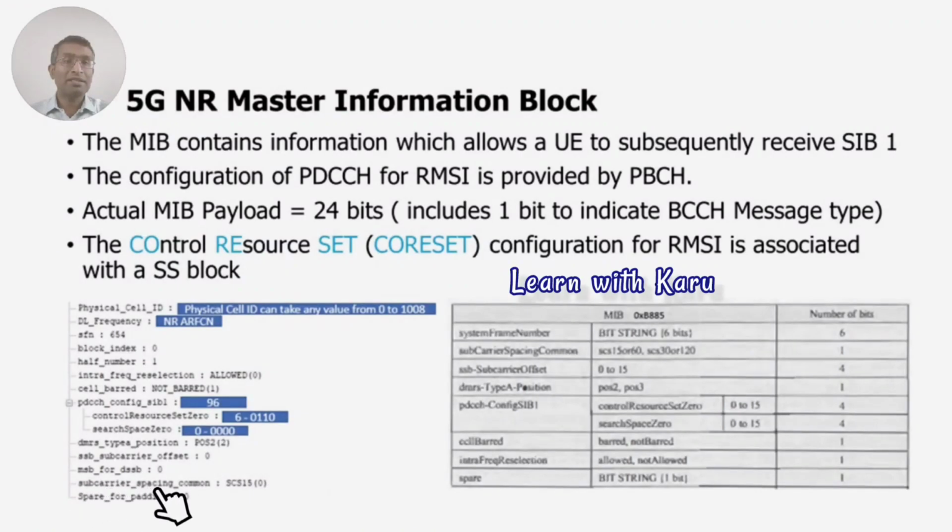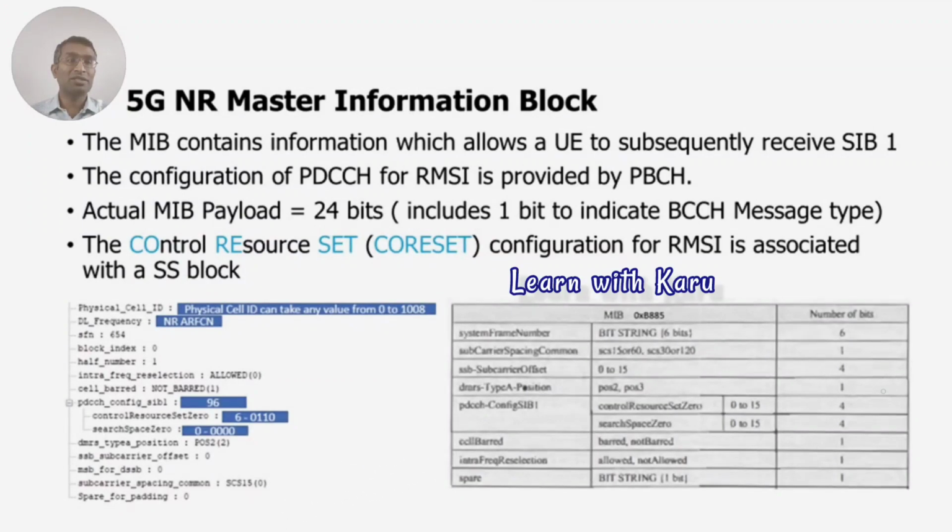And also subcarrier spacing common. Here in this example, it is a subcarrier spacing of 15 kilohertz. And you can see the subcarrier spacing common can either signal 15 kilohertz or 30 kilohertz by toggling the bit, one bit as 0 and 1. 0 represents 15 kilohertz here.